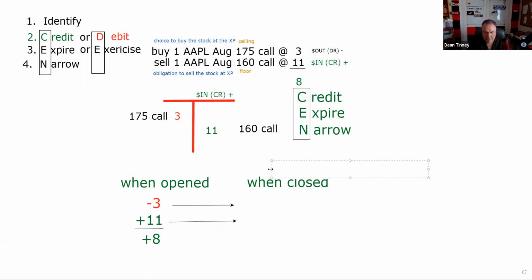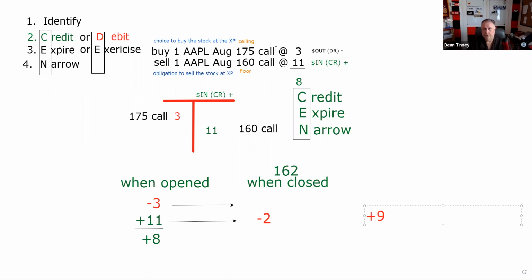We're going to close it with Apple at 162, and we close out for intrinsic value. So now that's going to be -2, right? That's the intrinsic value of that 160 call. And we sold it for 11 and we were able to buy it back for 2. So in that part of the transaction, we made 9.